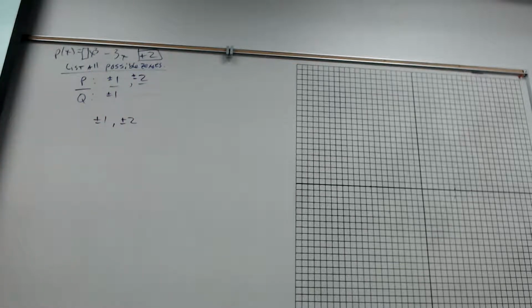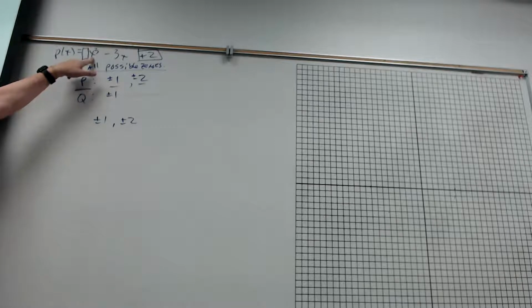Okay? Now, how many solutions am I going to have at most, Joshua? What was the question? How many possible zeros am I going to have of this? What's the most number? Probably 3. 3.